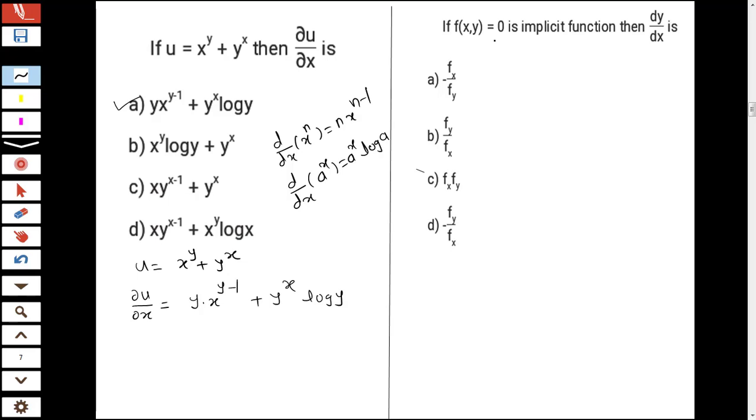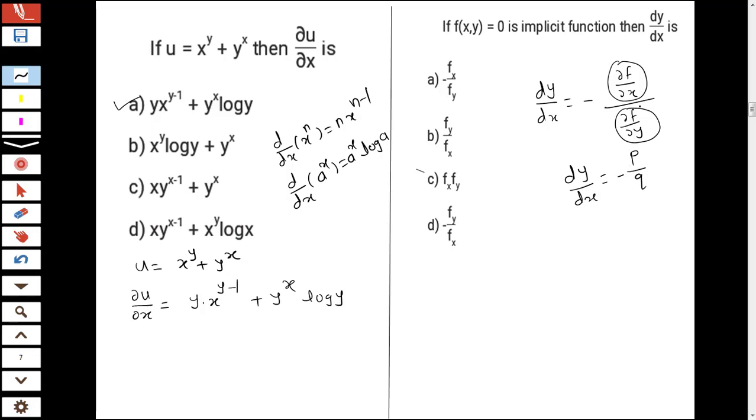In that case, you simply write that equation in the form equal to 0, call that f of x, y, and then dy/dx is given by minus ∂f/∂x upon ∂f/∂y. We also denote ∂f/∂x by p and ∂f/∂y by q, so that dy/dx is equal to minus p upon q.